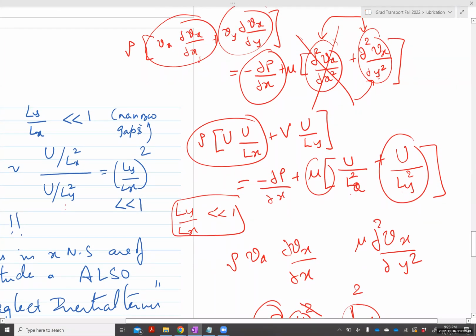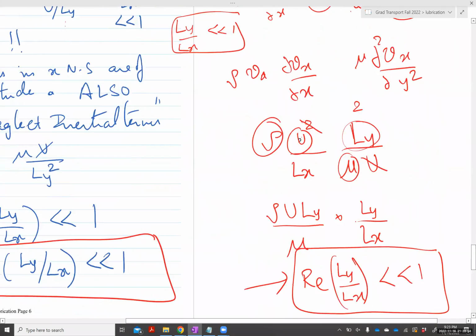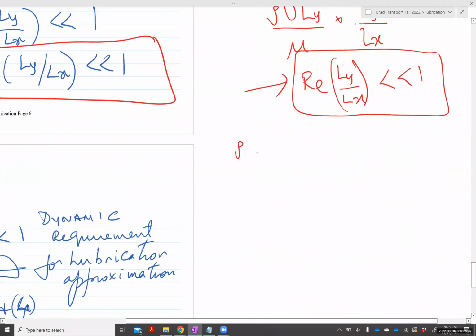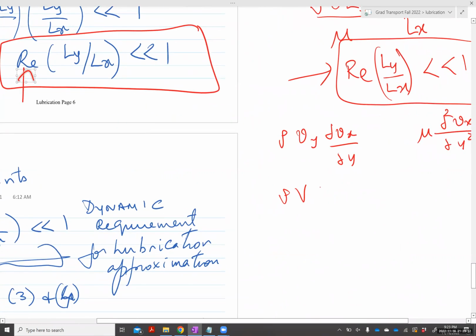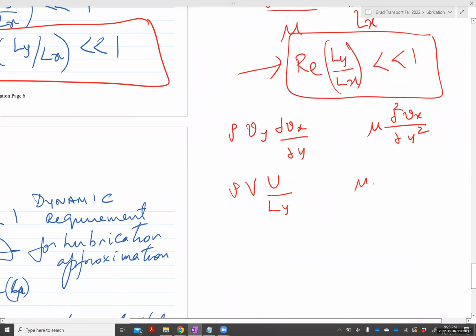Now, how about the term Vy dou Vx over dou y? Let's do the second inertial term, rho times Vy dou Vx over dou y, and compare that to mu times dou squared Vx over dou y squared. This term is rho V u divided by Ly, and I need to compare that to mu times u divided by Ly squared.